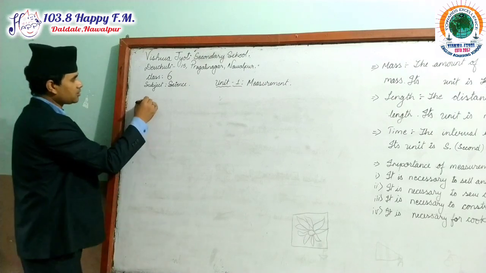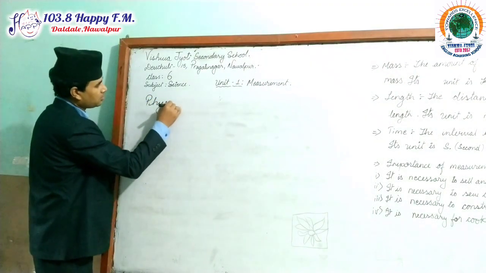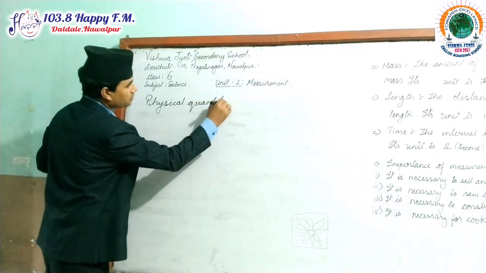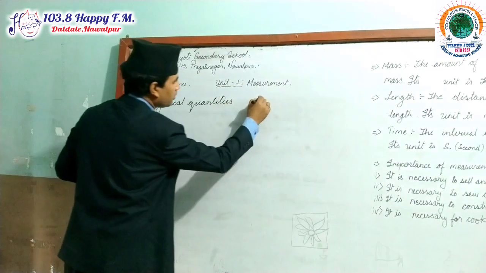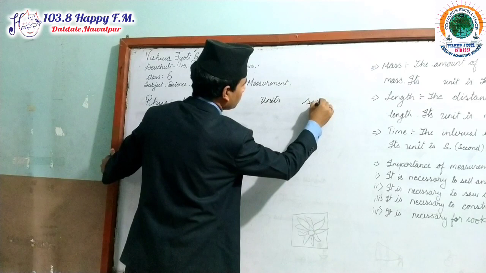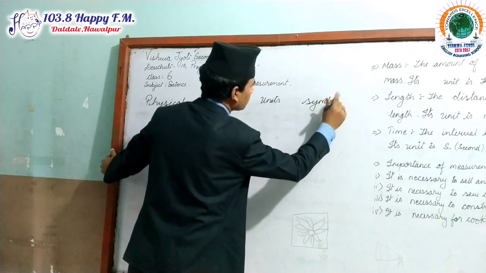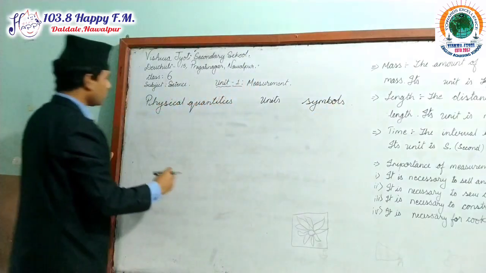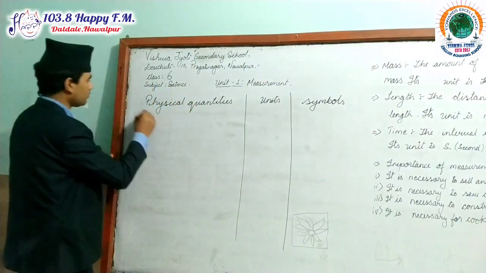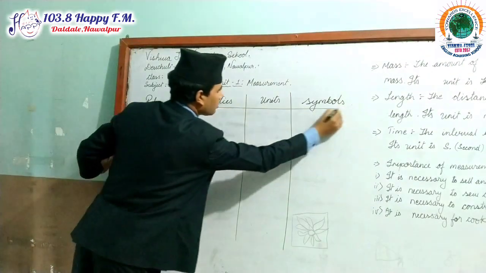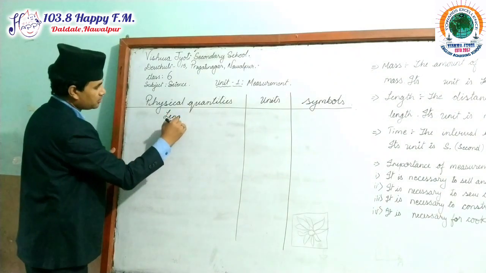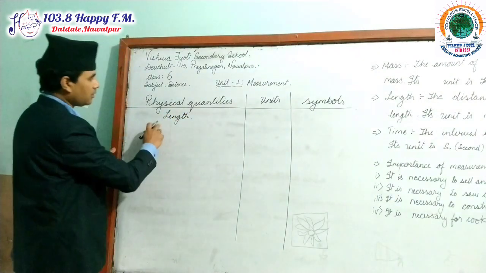Now here let us suppose physical quantities, and here units, and here symbols. Let us take an example of physical quantity length.